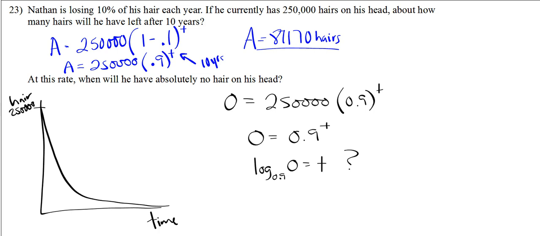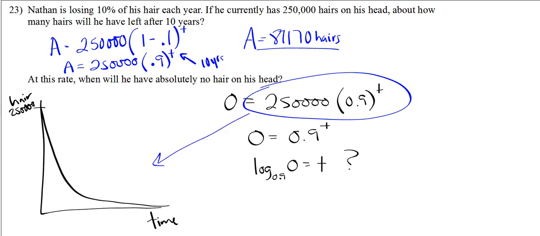Why? That has to do with the range and domain of this function. There are certain things that I can't plug in or that I won't get out for y when I talk about this exponential decay function, this part up here. If you graph that, it looks something like this over here. And what's happening is you're decreasing. You're always losing 10%, 10%, 10%, 10%. Okay, so what's 10% of 1 hair? 0.1 hair.